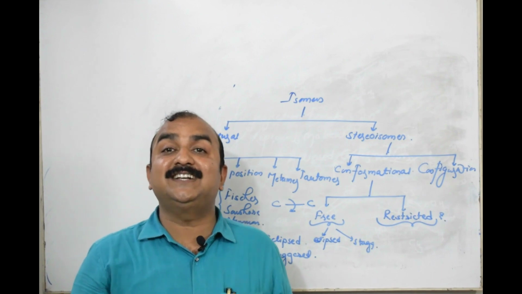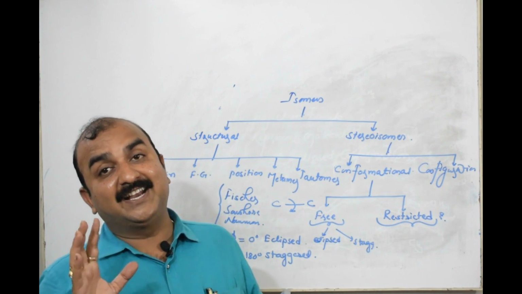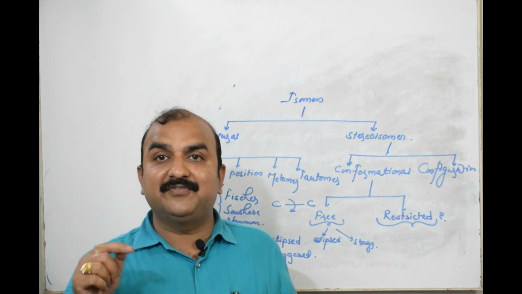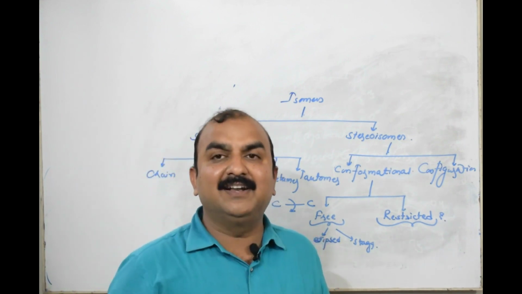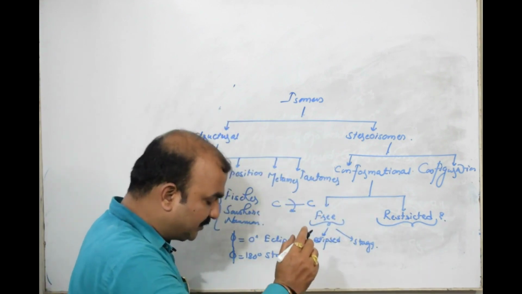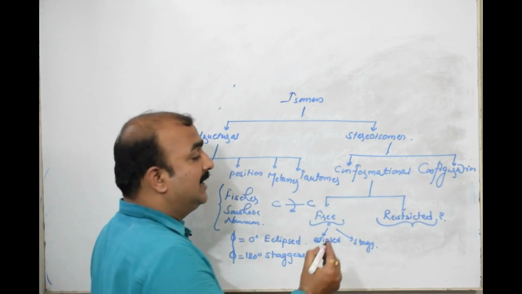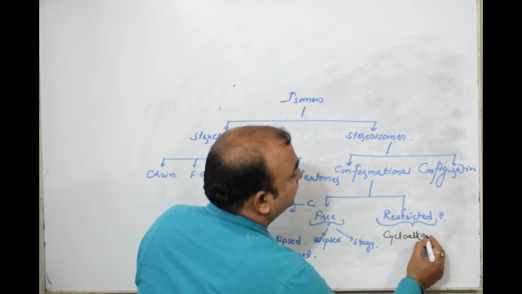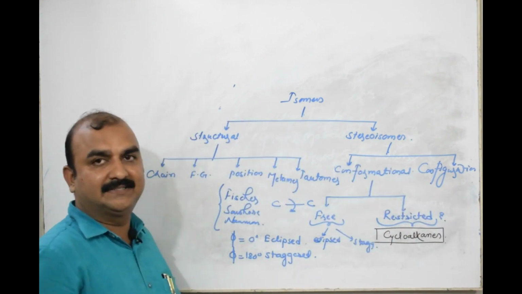Restricted rotation is present in the ring, and for that we are getting different conformations. I will tell in short, in restricted rotation we have chair and boat conformation. That we will discuss in the next article. So first of all, this is the phenomenon of isomerism, conformational, configurational. In the conformation, free rotation gives eclipsed and staggered, and restricted rotation will be in the cycloalkanes. These cycloalkanes we are going to discuss afterwards.